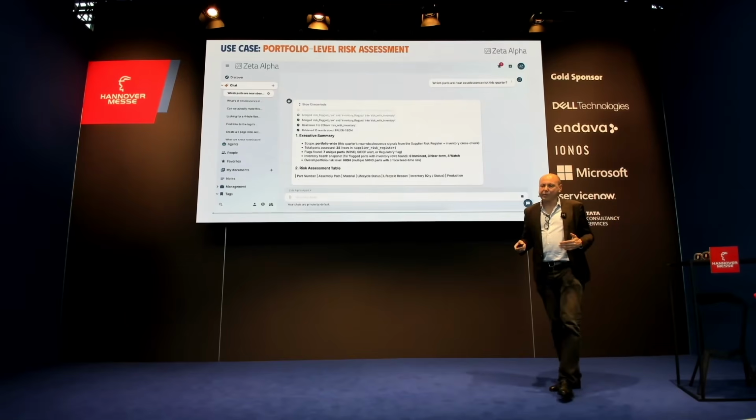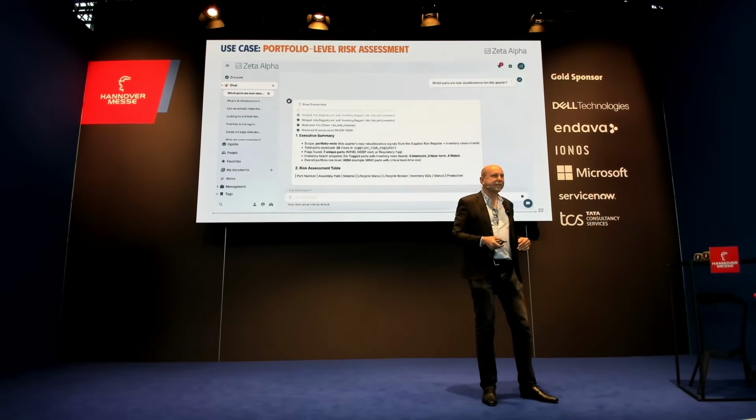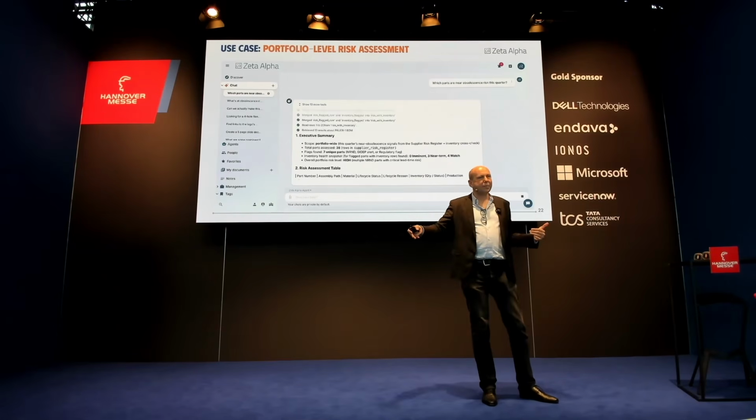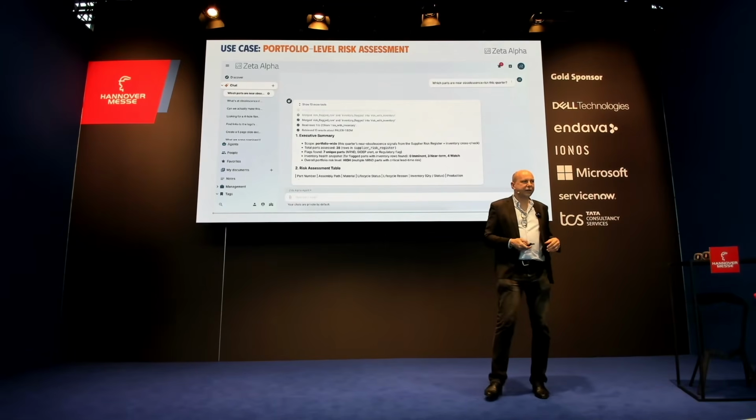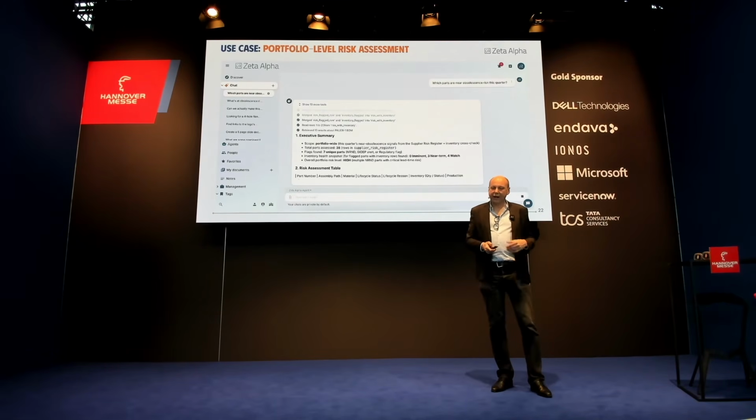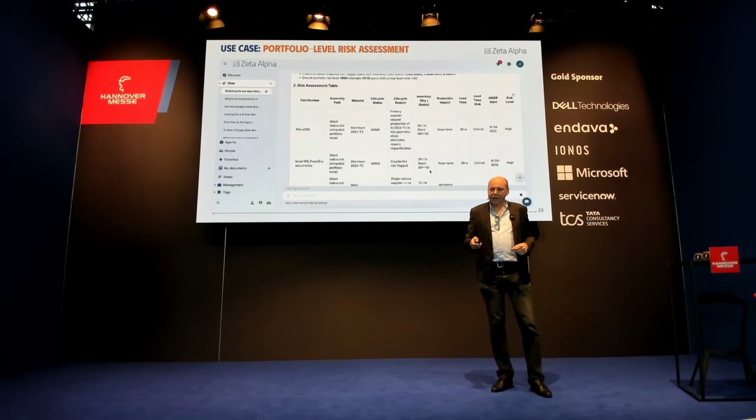And this is an example of such a risk assessment at the portfolio level. We have a very simple query: which parts are near obsolescence risk this quarter? And it will go through the entire parts library, look at the shapes and functional information and supplier information, and make this a very valuable report, plus replacement options.